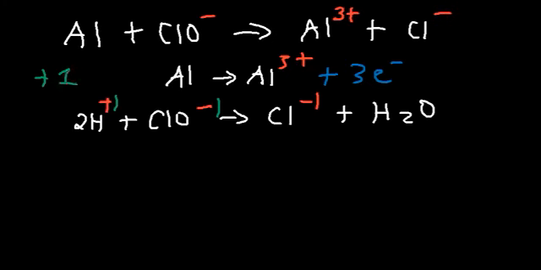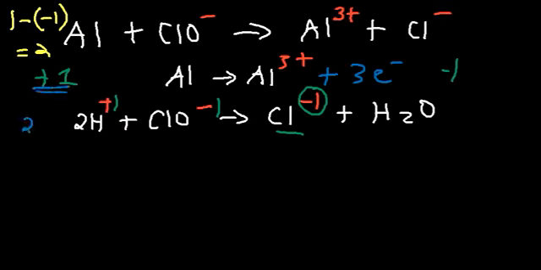On the right side, we have a total charge of -1. Subtracting the larger minus the smaller, 1 minus -1 gives us 2. So we have to add 2 electrons to the left side, the side with the higher charge. Now these half reactions are balanced.